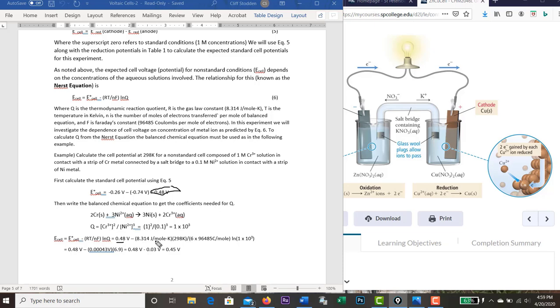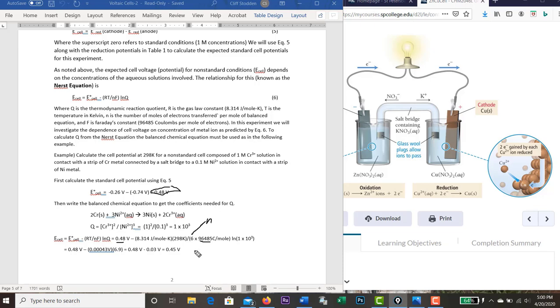So the R is this whole thing, including the units. This reaction is assumed to be at 25 degrees centigrade, so that's the T. And then that's divided by N times F. The N here, sometimes that's a little challenging to get. In order to figure out the N, you have to have a balanced chemical equation, which then tells you how many electrons altogether are transferred. So the N here is that number right there, the 6. That's the N value for this one. And then the last number here is just Faraday's constant.